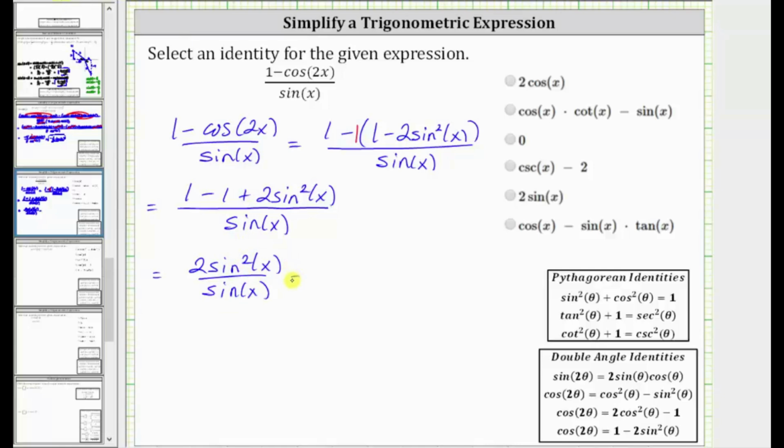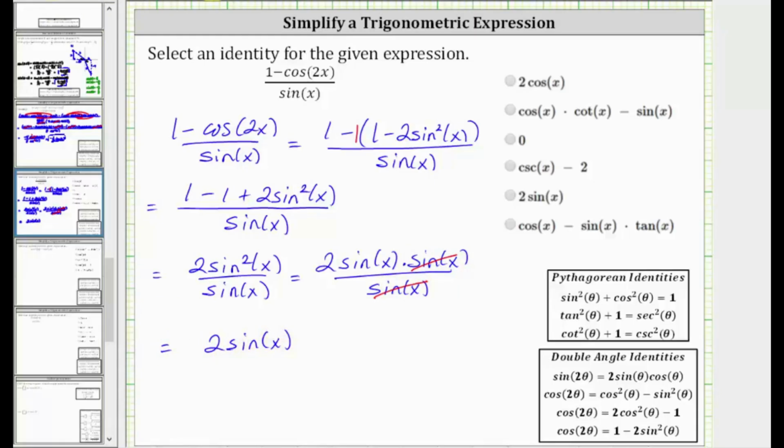Or if it's helpful, we can expand sine squared x by writing it as sine x times sine x. So this is equivalent to 2 sine x times sine x divided by sine x. And in this form, sine x divided by itself simplifies to 1, leaving us with 2 sine x.